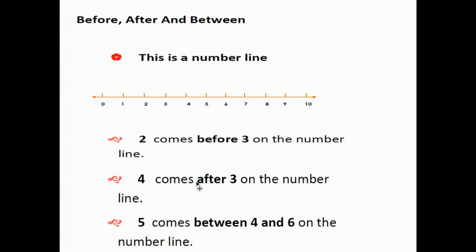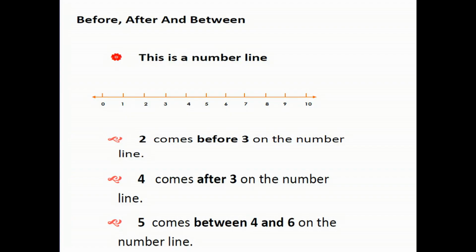Say for example here, 2 comes before 3, and 4 comes after 3. And also 5 is in between 4 and 6. This is the order of numbers on the number line. When we see them on a number line, it will be their arrangement, their order.